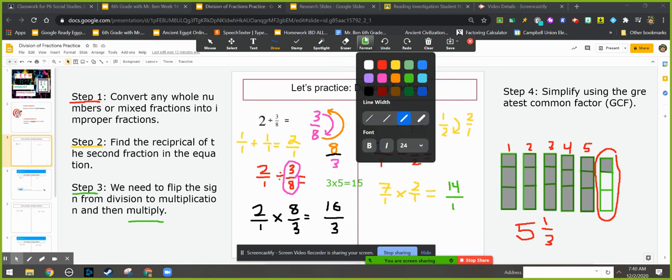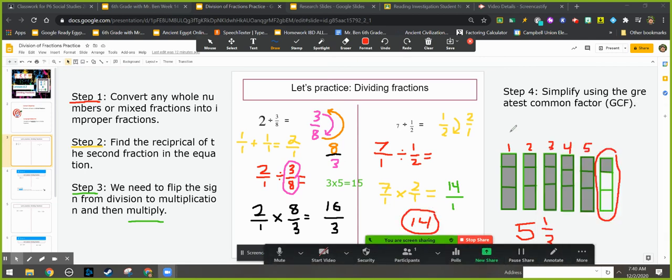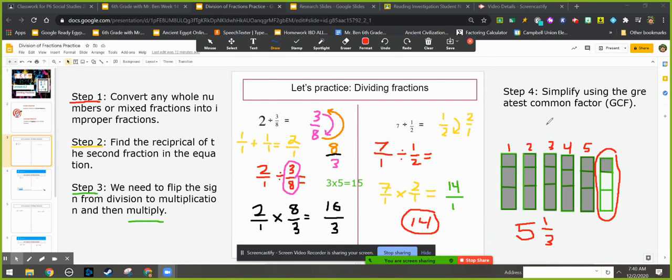The step 4 that's here, to simplify, well, 14 over 1 is really just 14. I don't need any other math to do it. That's simply the answer. It's just 14 wholes. Okay. Now you could have figured this out too, because you could have just said, these are just divided by 1, so 7 times 2.